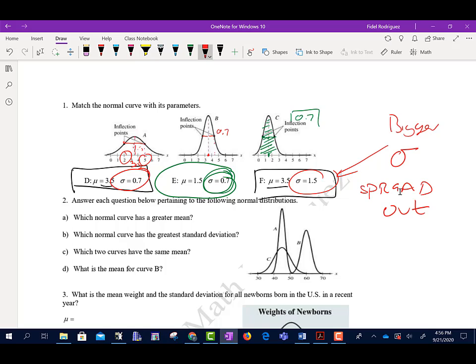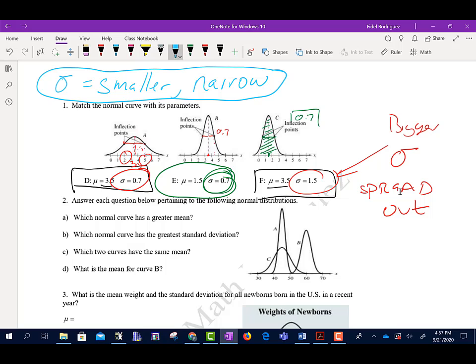On the other hand, if the standard deviation is smaller, then the graph is going to be more narrow.